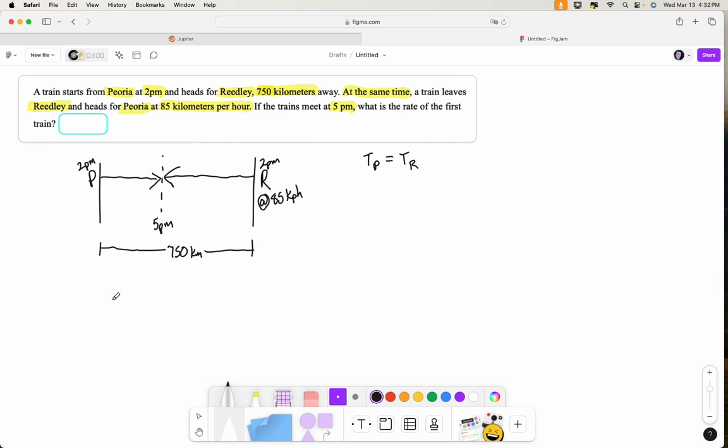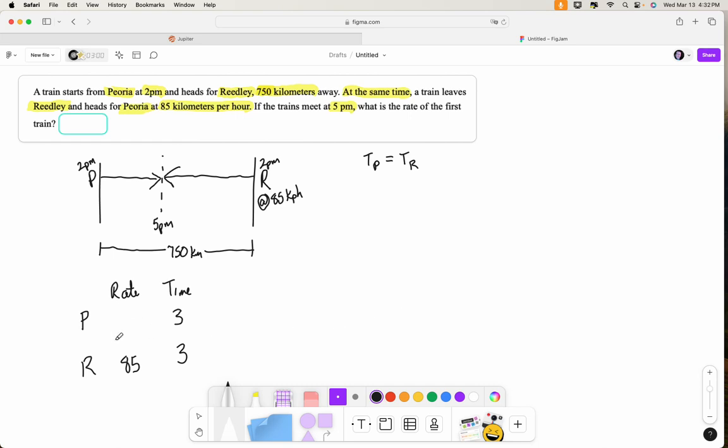So now we can make our table. We have the rate and we have the time. We have the Peoria train and we have the Reedley train. Now we know the rate of the Reedley train is 85. We know the time for both of them is 3, because they left at the same time, they met at the same time.